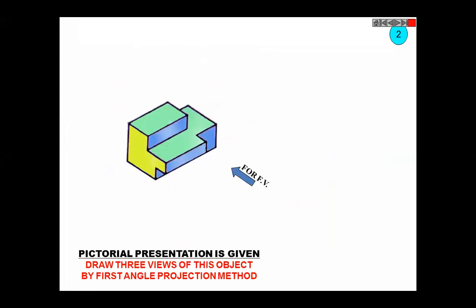Draw for this. This is again first angle projection.